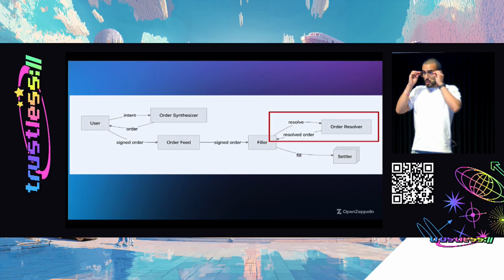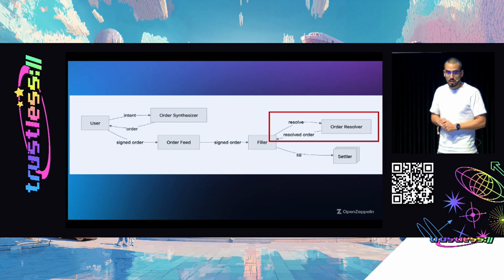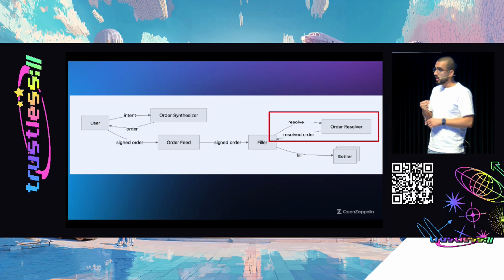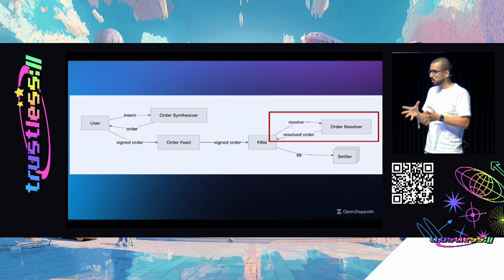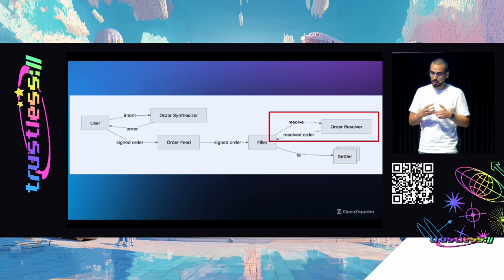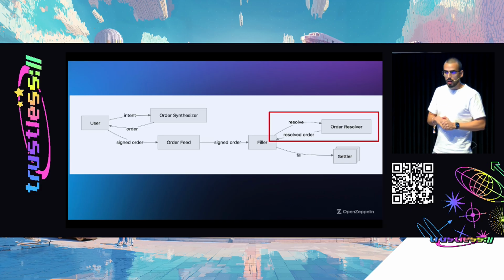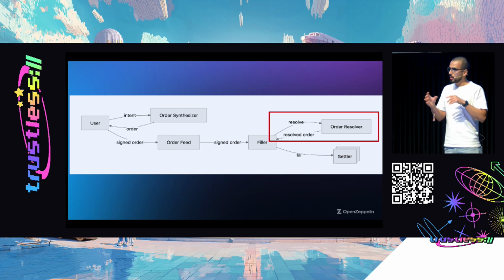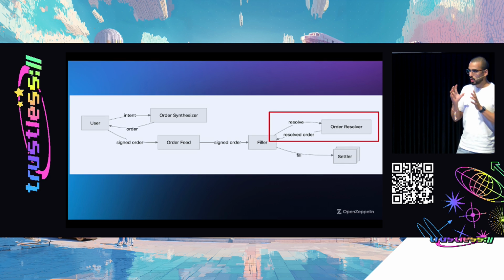So the way that resolution works is that the filler is now going to be receiving protocol-specific orders, but in some standardized packet format that the ERC defines, and they're going to be encoded in some opaque way that the filler won't really understand as is.